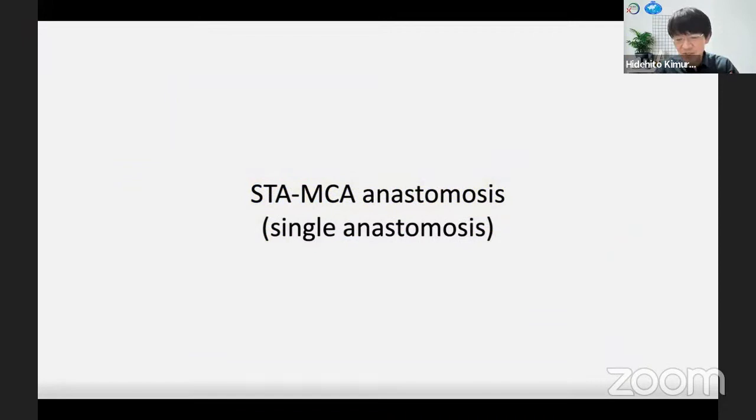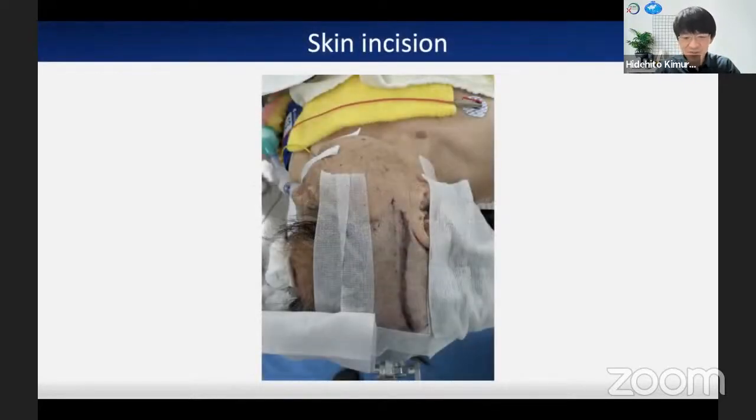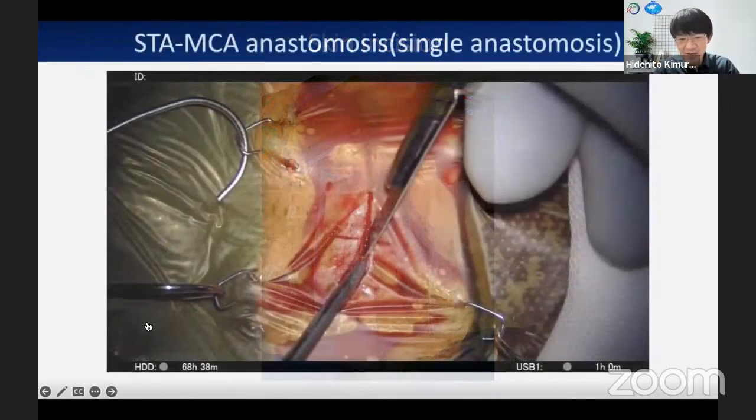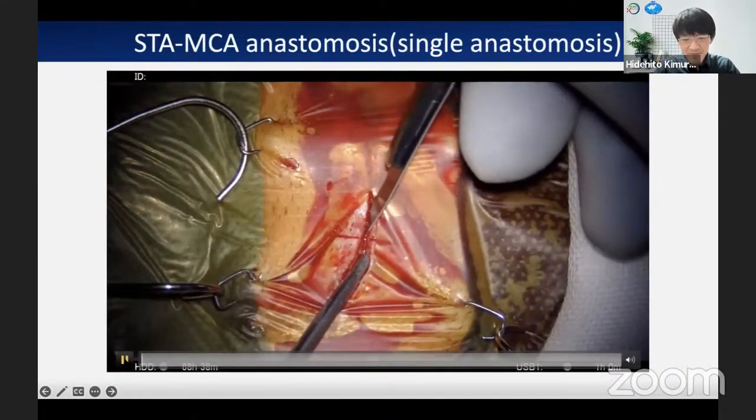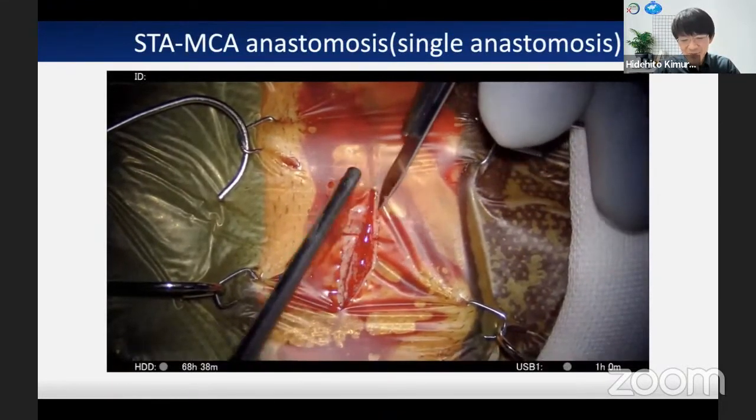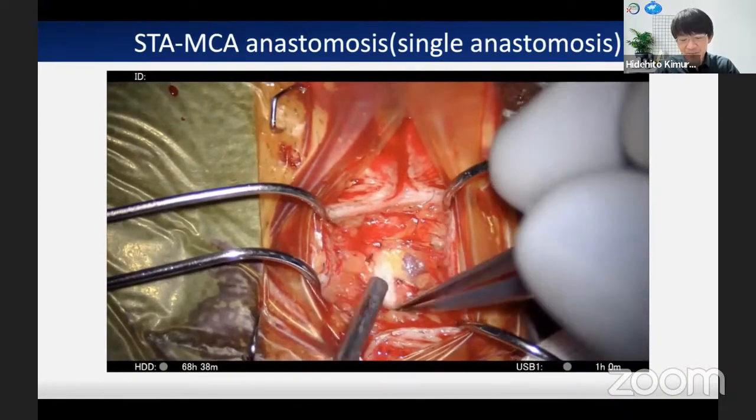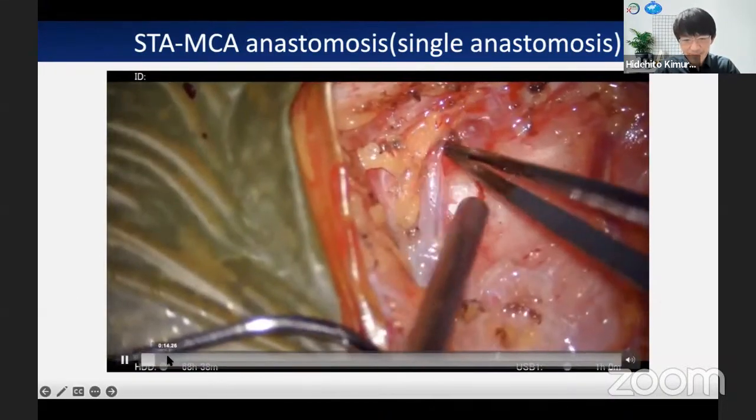The patient underwent an emergency surgery. In some situations, I have to choose a single anastomosis, which is a very simple technique. Just make a linear skin incision over the parietal branch of the STA, and I use the microscope in harvesting it.